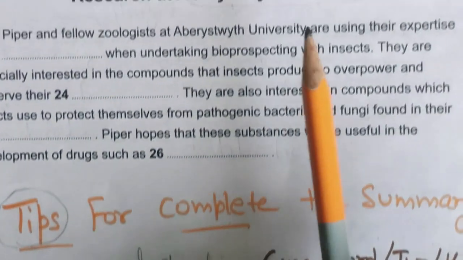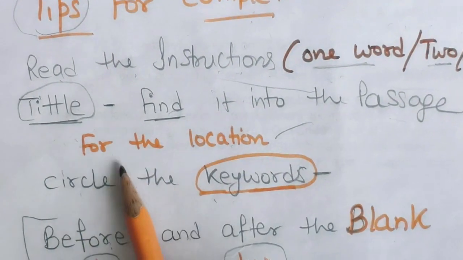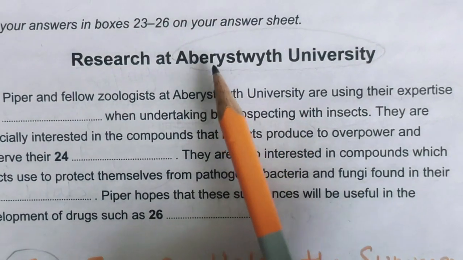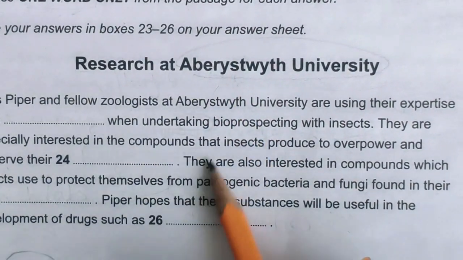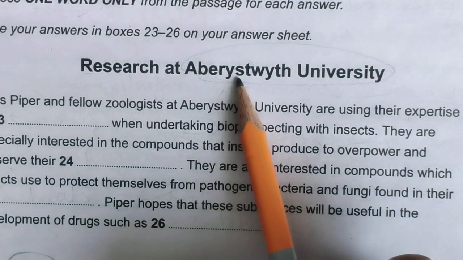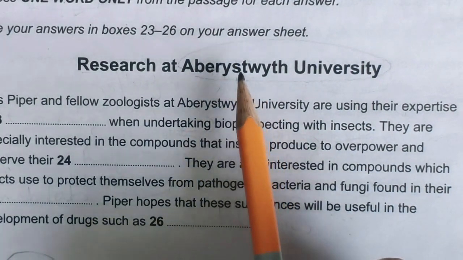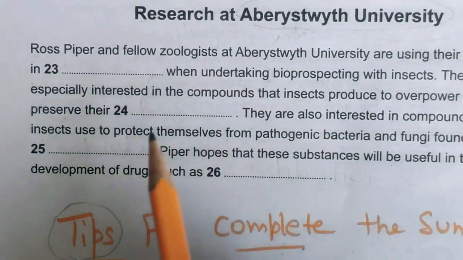Find it first; here it is, the title. Find it in the passage for the location, very important. So my keyword for fill in the blanks, for completing the summary, is the title of this passage. Where I find this word, there I will also find all the things in the paragraph.